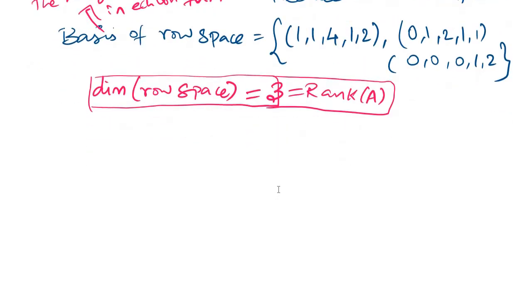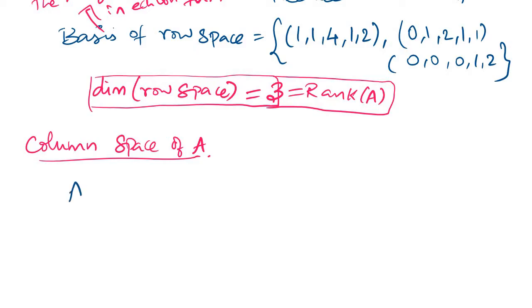Now we have to find the column space of A. Simply again we have to take the reduced row echelon form. I'm writing it again. A equal to 1, 1, 4, 1, 2.